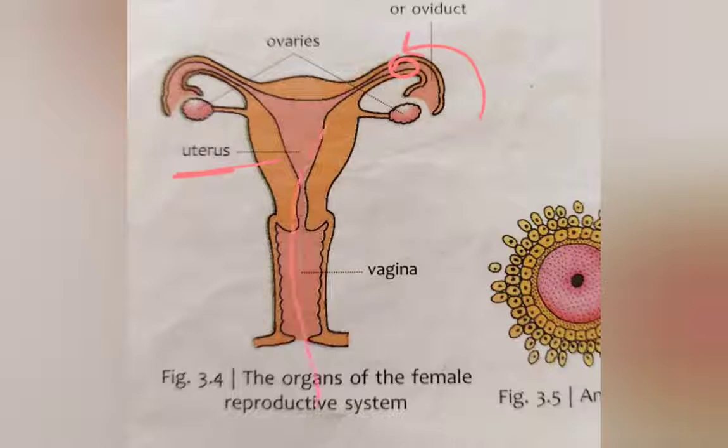The sperm will come this way and go into the fallopian tube and fertilize it. After it has been fertilized, this fertilized ovum, which is now a zygote, will come into the uterus and implant itself within the uterus. And now it will start developing into a baby.